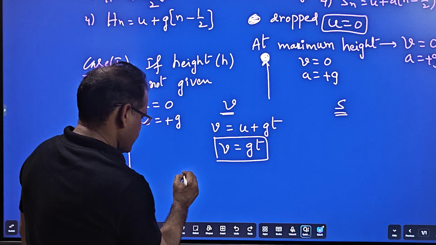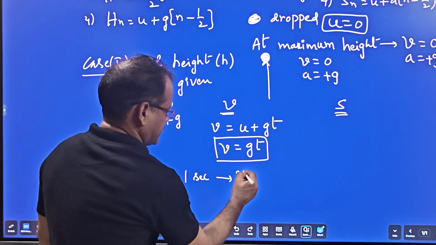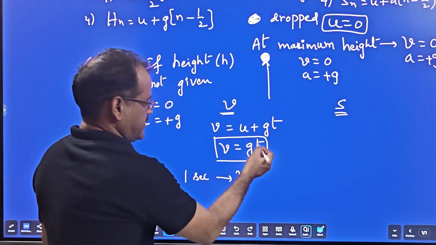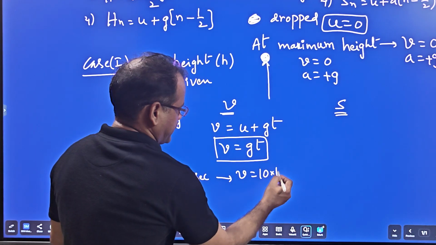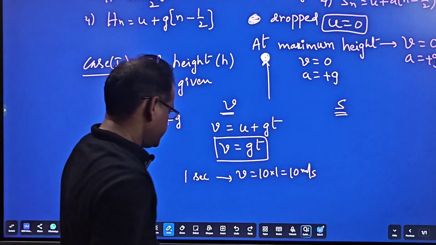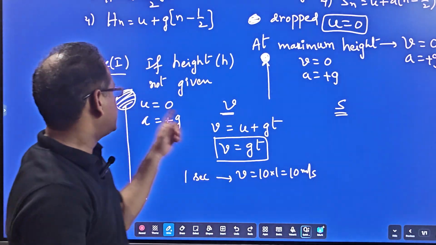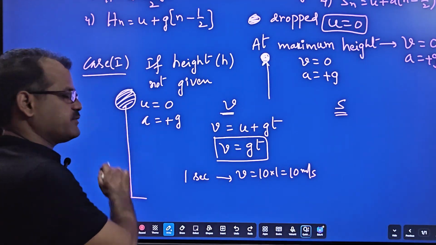I said after 1 second, how much speed are we getting? G value 10, t value 1. That means the object is gaining 10 meter per second after 1 second, when it is dropped. At what height? Height is not given.